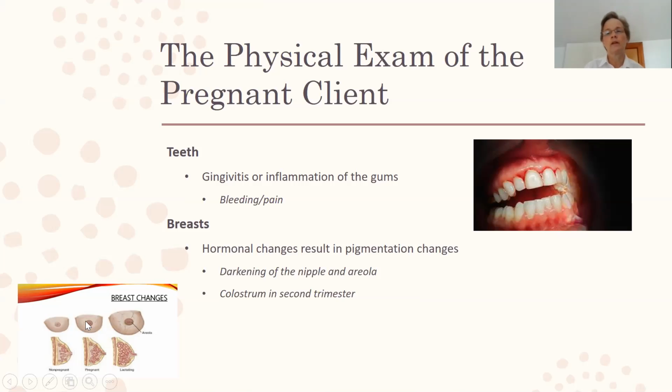You will understand that the breast enlarges, and the areola can enlarge and darken, and the pregnant breast can start developing colostrum, which is that thin, milky, clearish drainage that comes from the breast.